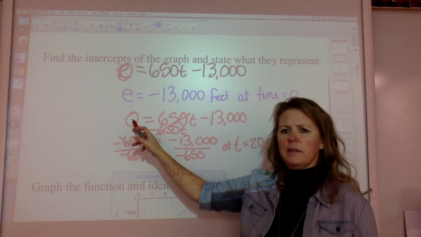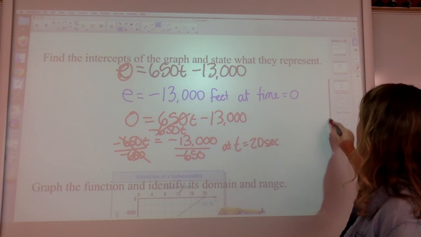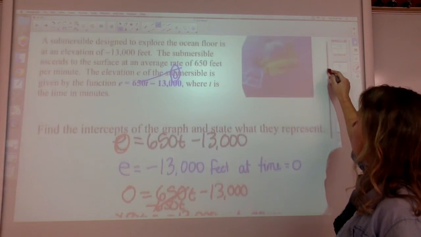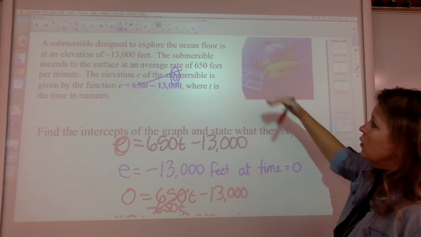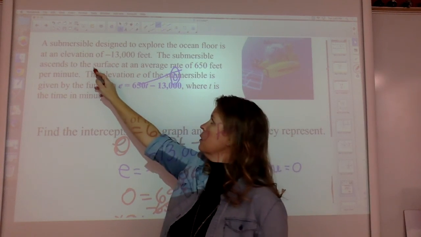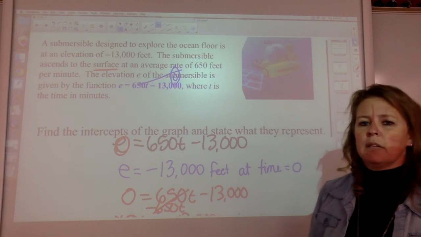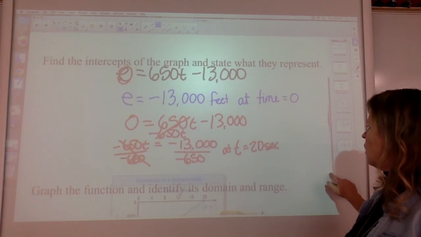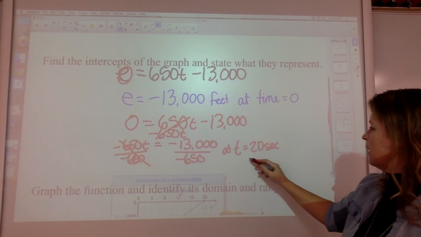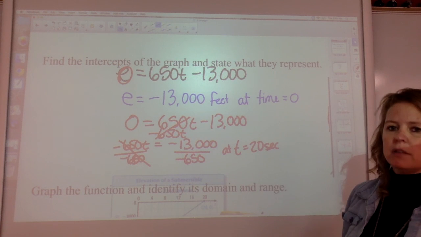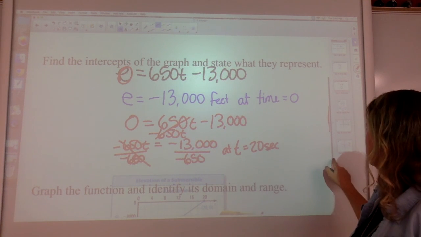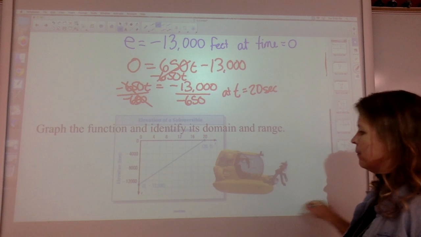How do you have an elevation of 0? Well, we're talking about a submersible. That means the submersible went all the way up to the surface. It's right at sea level. So what does it mean time equals 20 seconds? It means that's how long it took to get to the surface. It means the submersible's at the top.